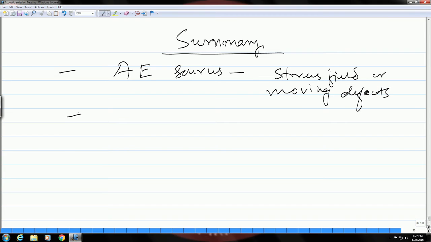And then we talked about the sources with respect to different kinds of materials and systems, like in metals, composites and concrete. And we had picked up a couple of examples.